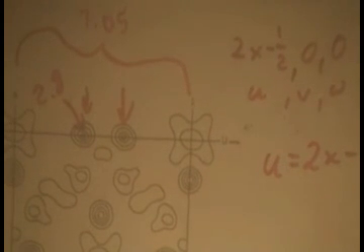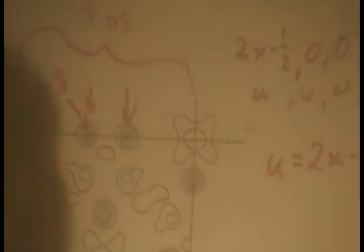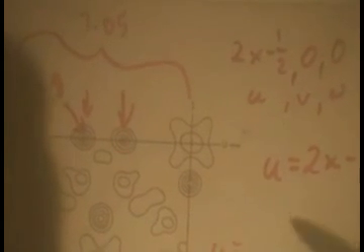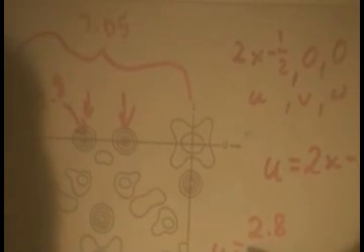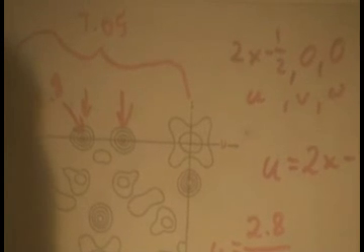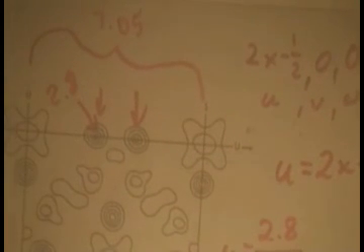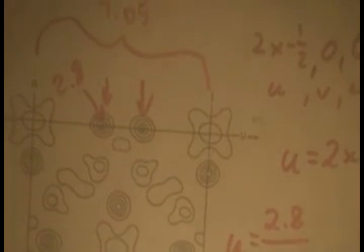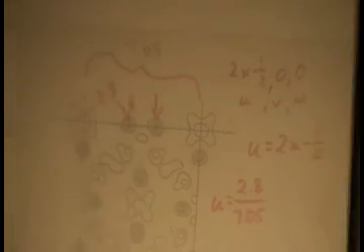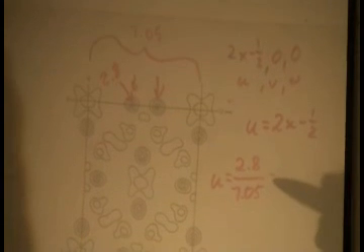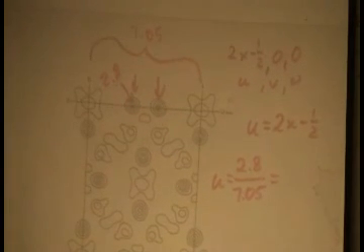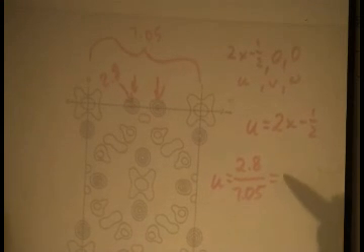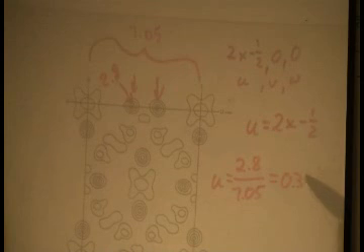So, U for this peak is equal to 2.8 divided by 7.05. Okay, that's your fractional U coordinate. And if anybody has a calculator, we can actually figure out what that number is. 0.397.